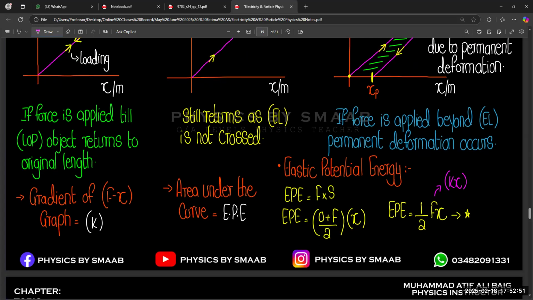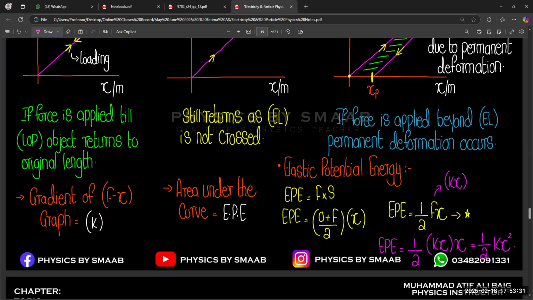So in this formula, half Fx, F can be replaced by the value kx, so elastic potential energy will be equal to 1 over 2 kx into x, that is half kx square, right?